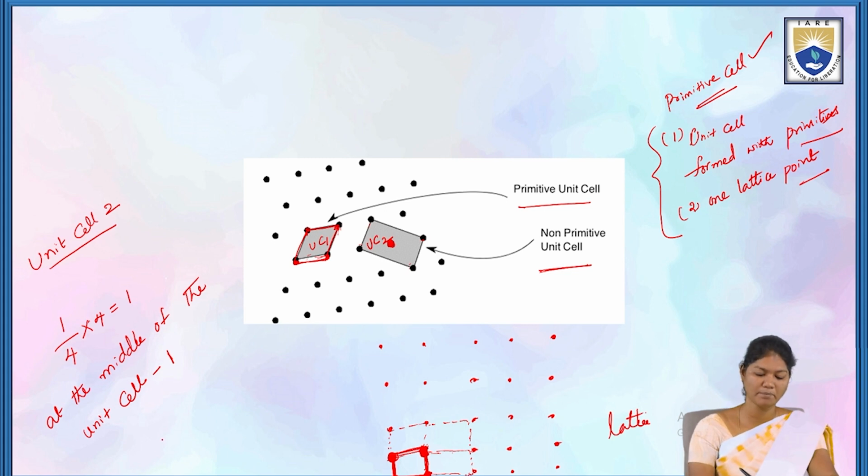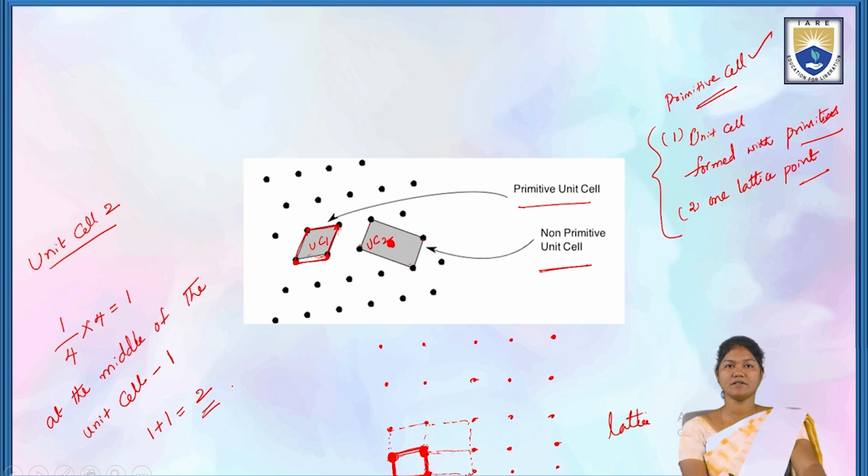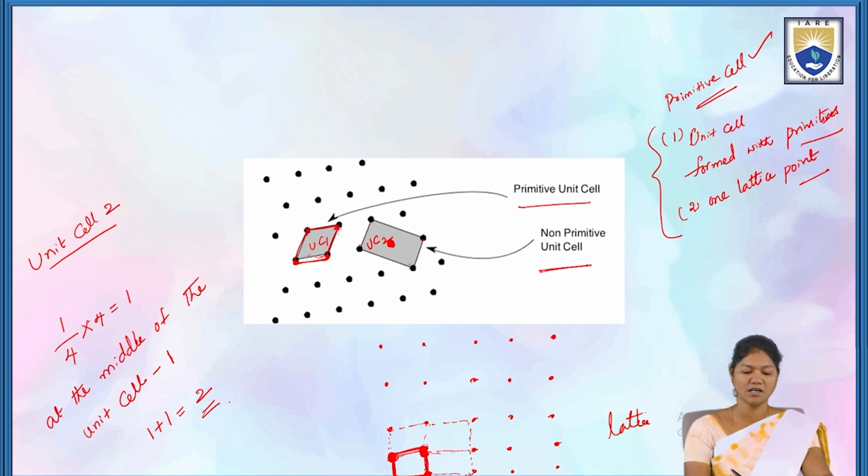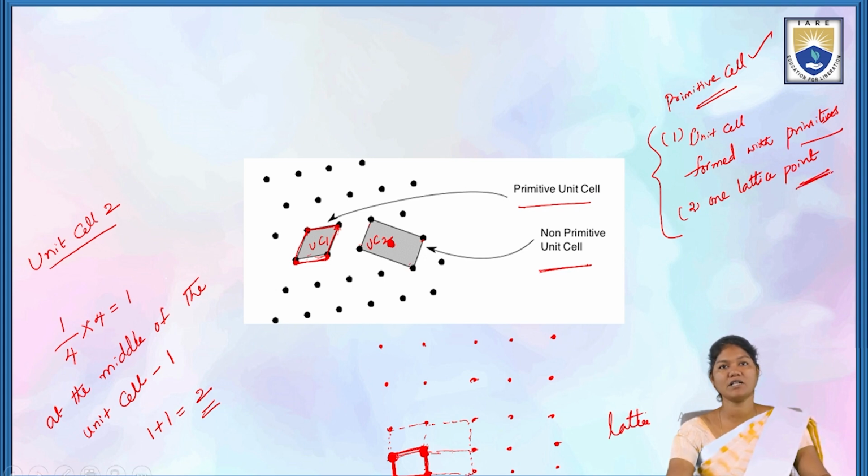So totally 1 plus 1 is equal to 2. So we are getting 2 lattice points in this unit cell 2. Our condition is that a unit cell which is formed with primitives and has only one lattice point is a primitive cell.